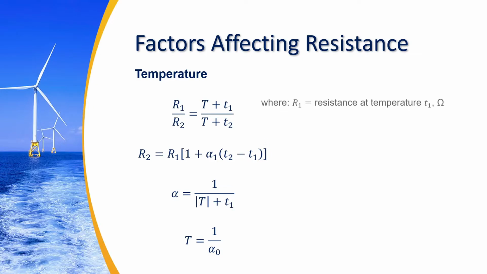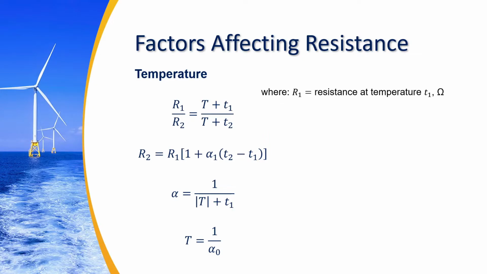Yung R1 is yung tatawag nating resistance at temperature T1, siya yung first resistance natin at initial temperature. Yung R2, siya yung final resistance natin o second resistance at second temperature or final temperature natin.